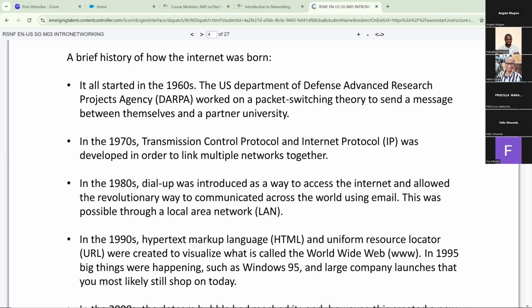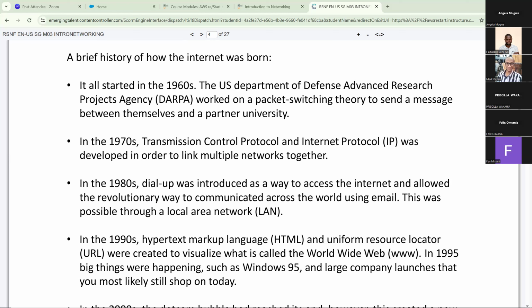Then once they are received, the receiving device reassembles these packets to form the original message. So you send it as packets, it has been split, then when it gets to the destination, the device takes these messages and reassembles them. So that is what packet switching is all about.